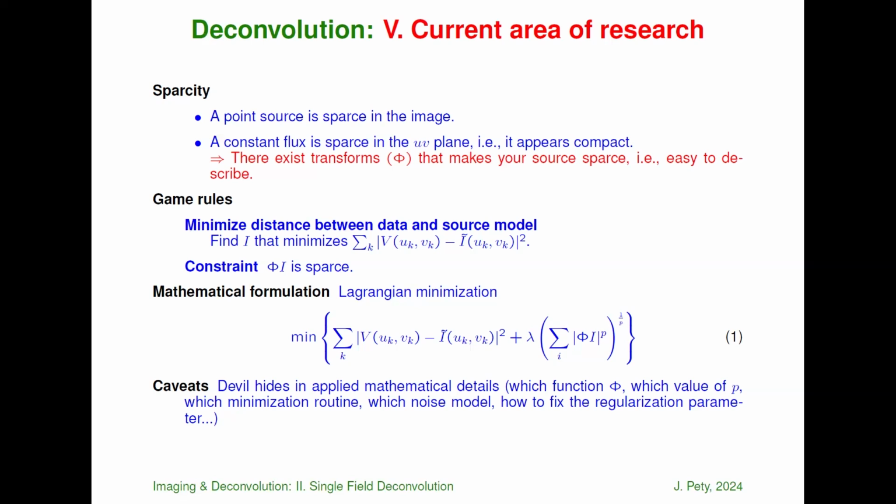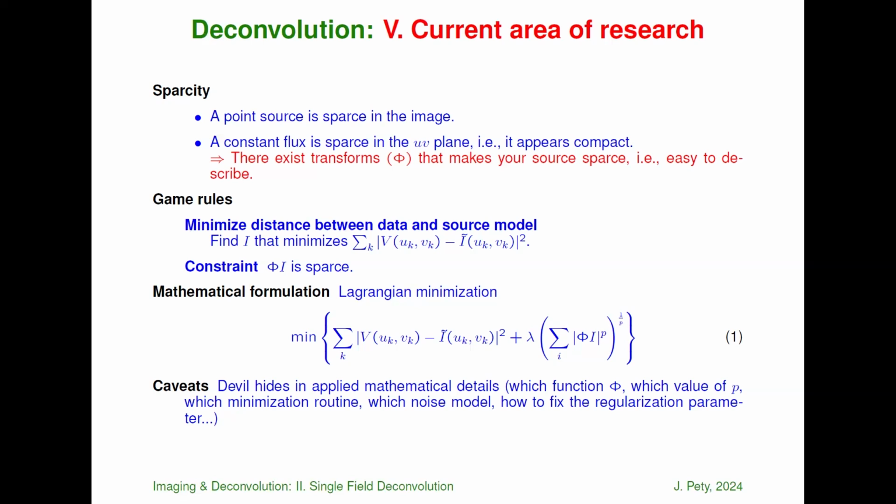It will be 0 everywhere in the UV plane except at the center. At the center, 0, 0, you will have the total flux, and you are able to define your source with only one parameter in this case, because you already know that it's at 0, 0. So this is the sparse description for a constant source.